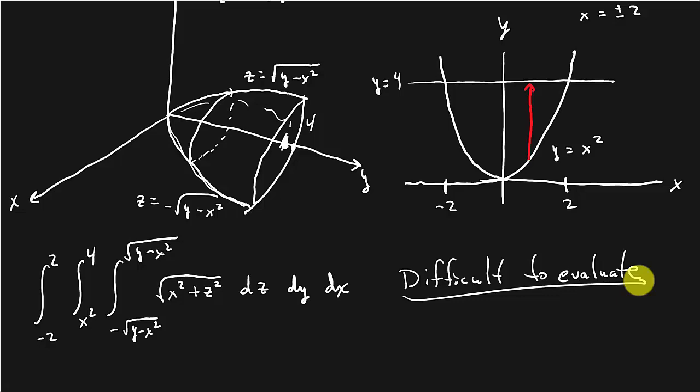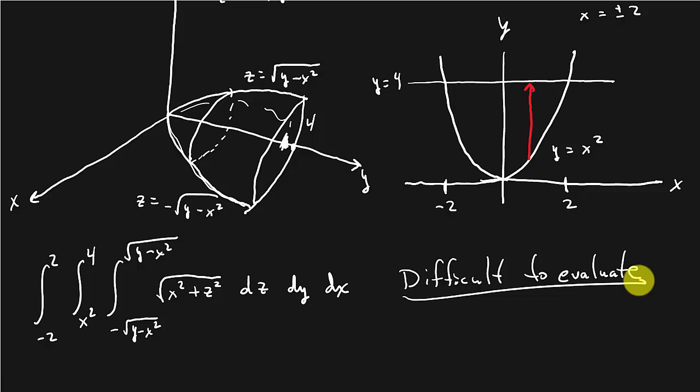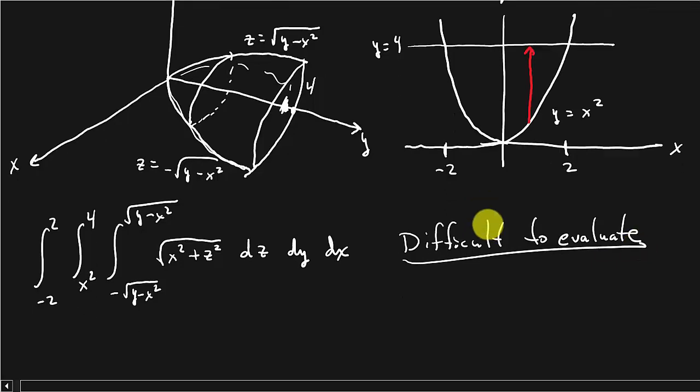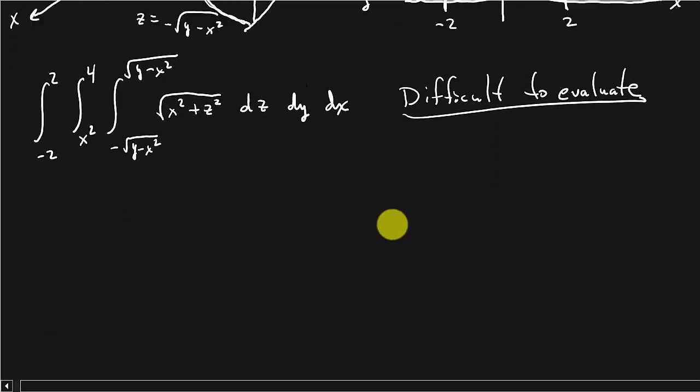This is where it comes in handy when you get really good at setting these things up. So let's change this. I guess we could integrate with respect to x, or we could integrate with respect to y first. Let's try integrating with respect to y.